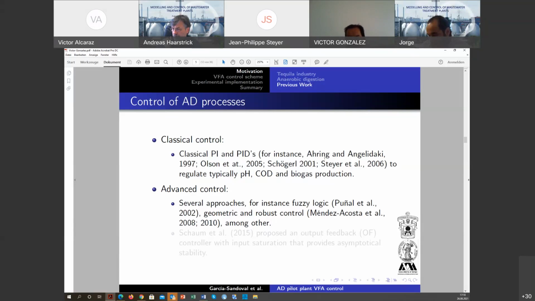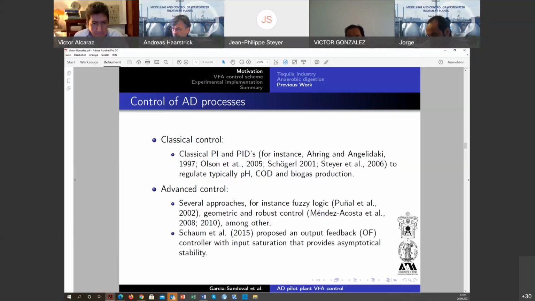In the last 3 decades, other research groups have applied different approaches. In this particular application, we use an advanced output feedback controller with input saturation to provide asymptotic stability.